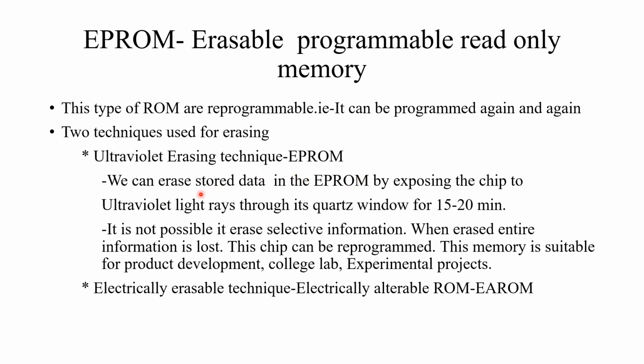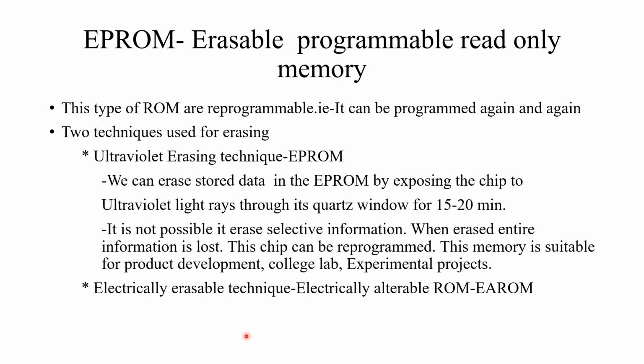We can erase stored data in the EPROM by exposing the chip to ultraviolet rays through its quartz window for 15 to 20 minutes. It is not possible to erase selective information. When we are erasing, the entire information is lost. This chip can then be reprogrammed. This memory is suitable for product development, college labs and experimental projects.